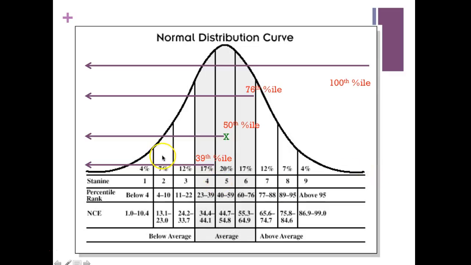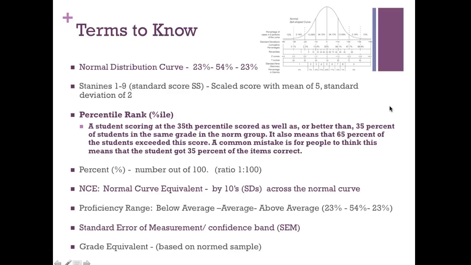So it doesn't show you this, but these are basically the normal curve equivalents. So if you looked at NCEs, 1 NCE, 2 NCE, 3, 4, 5, 6, 7, 8, 9, same as a stanine basically. Normal curve equivalents are basically the same as a stanine. So, I'm sorry, it's 10, 20, 30, 40, 50, 60, 70, 80, 90.